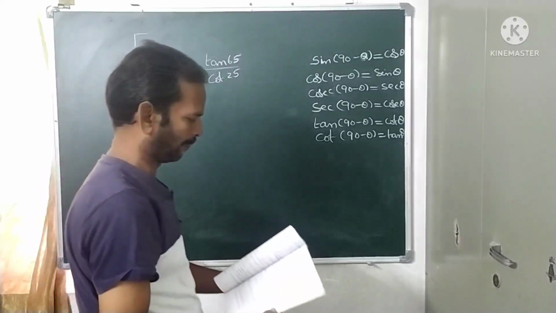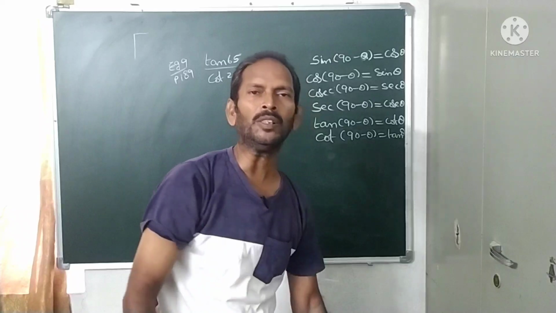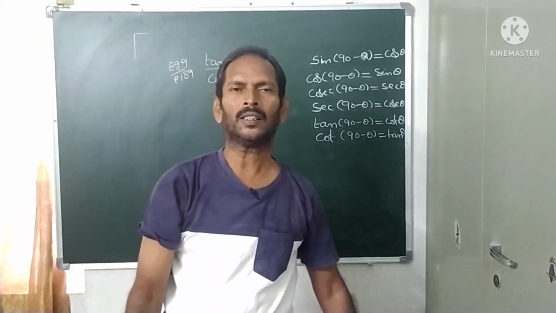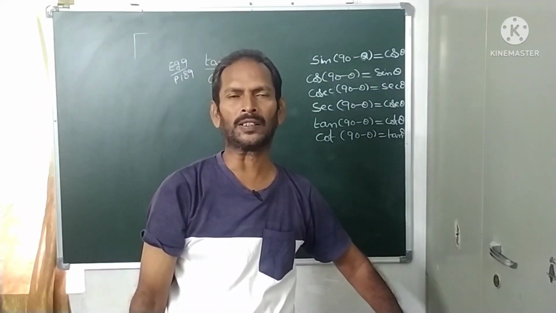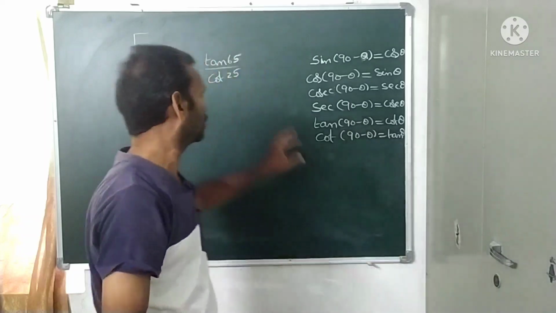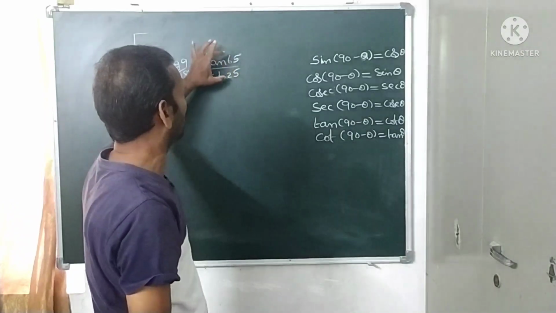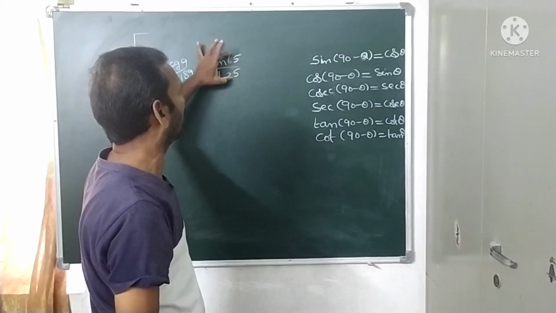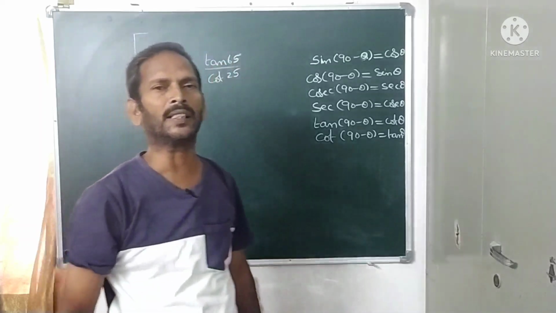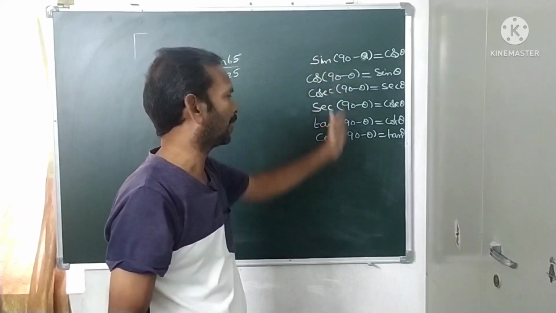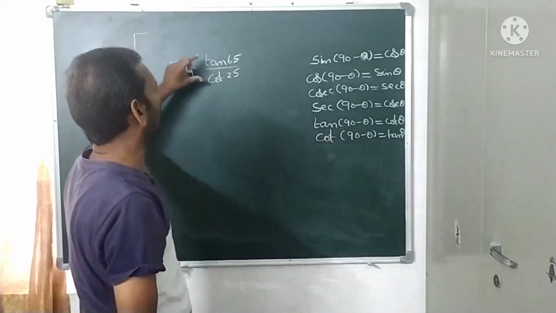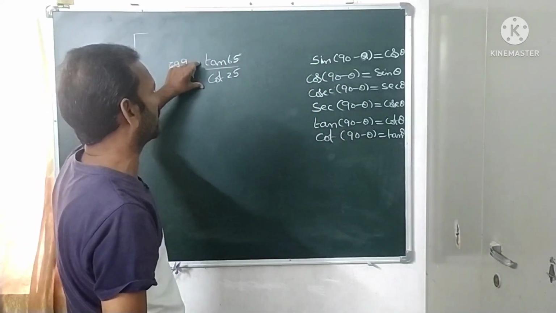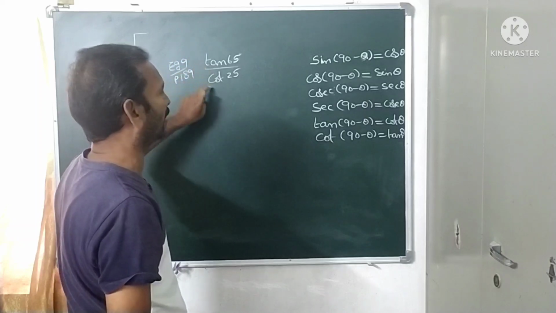See, from the table we derived values only for 0, 30, 45, 60, 90. But these two values we don't know. Observe that when these two angles are added you get 90. All these formulas depend on this only. So like this, a fraction is there, you change either numerator or denominator.